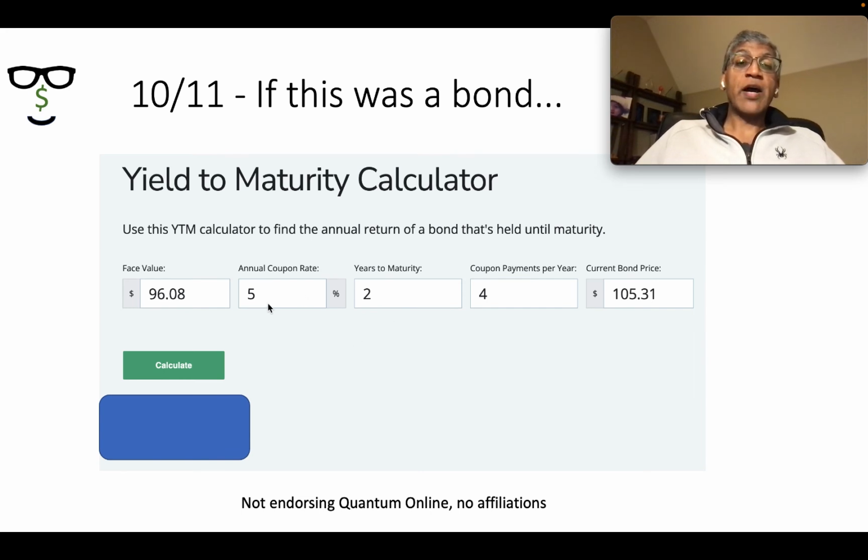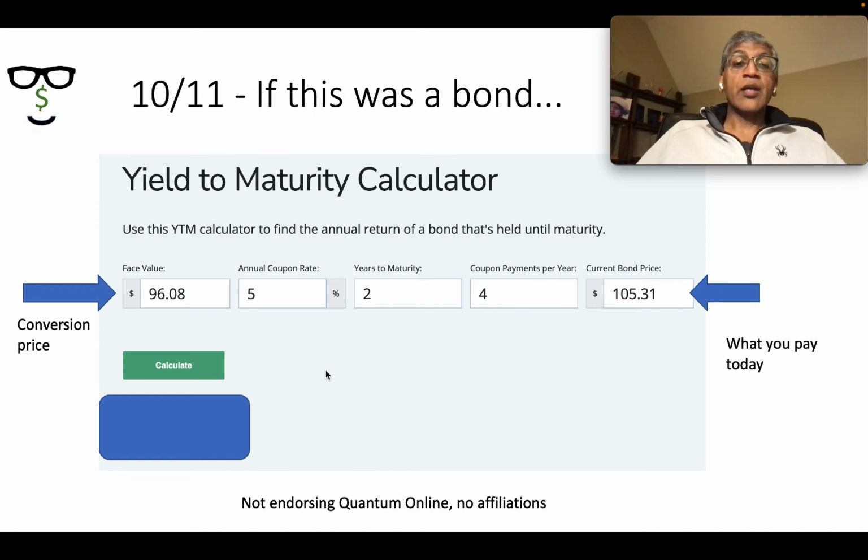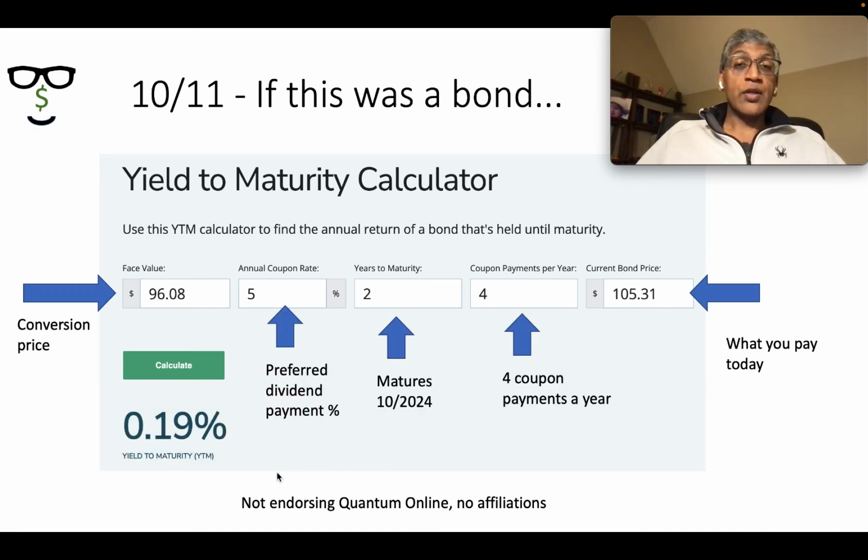RBCP gives 5%, but it pays that 5% over 4 coupon periods or 4 coupons during the year. And if you were to plug that into a yield to maturity curve, you will actually see that your yield to maturity is 0.19%.